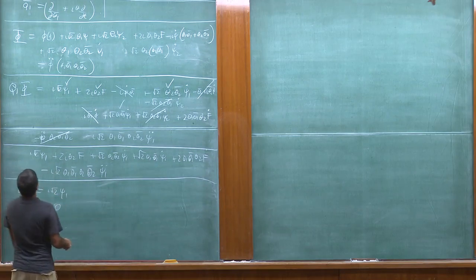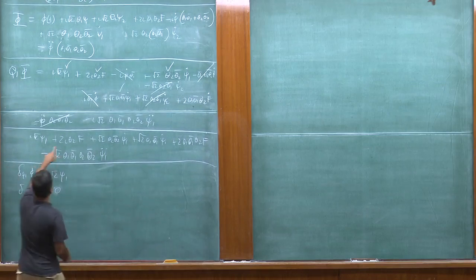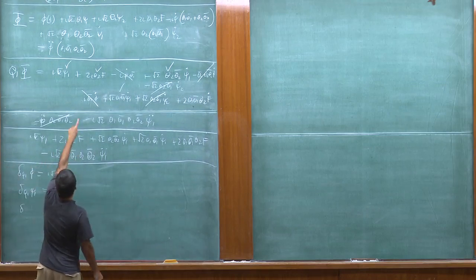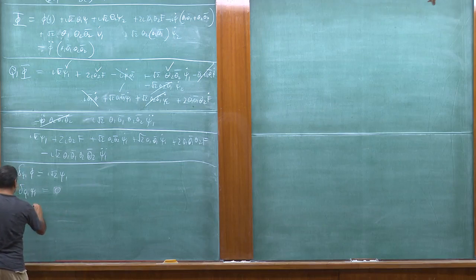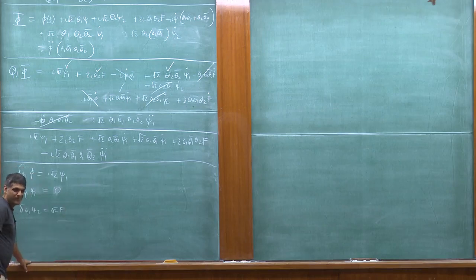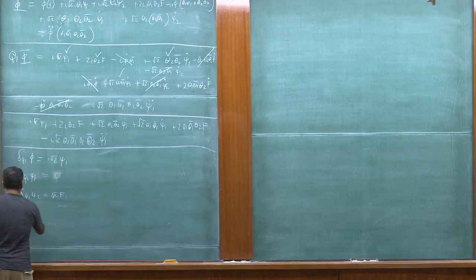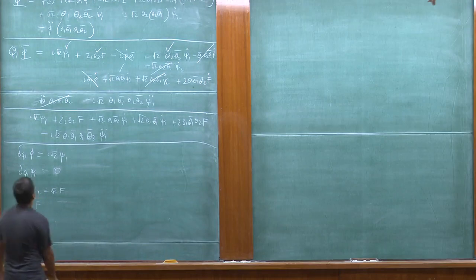What about the term that was theta 2? We get, well, here there was 2if, but there it was square root 2. So delta q1 of psi 2 is equal to square root 2f. Right? And finally, delta q1 of f.